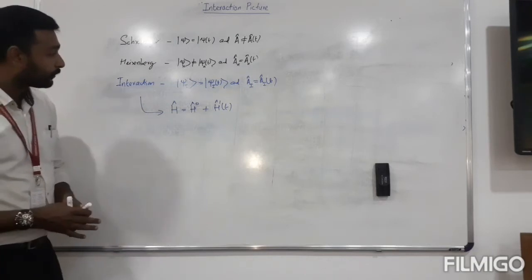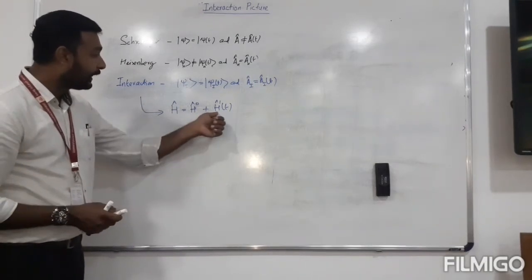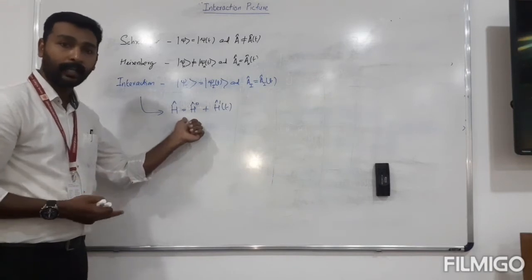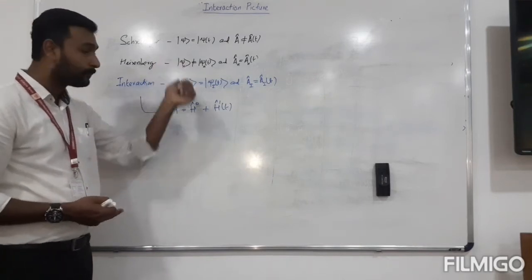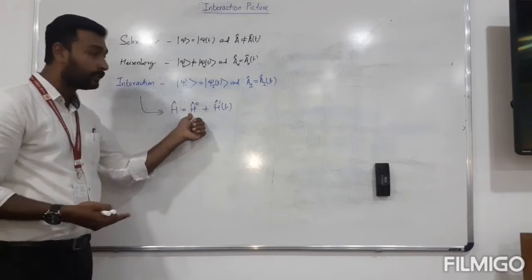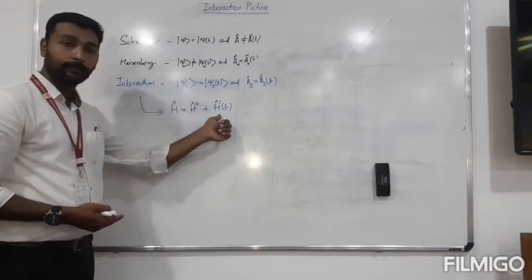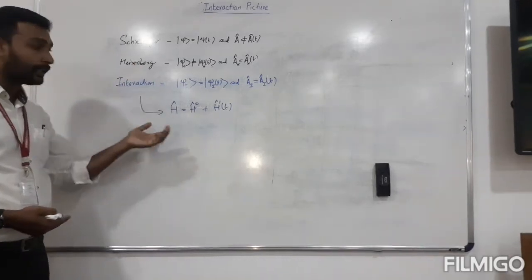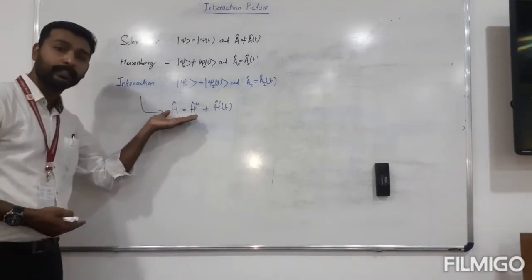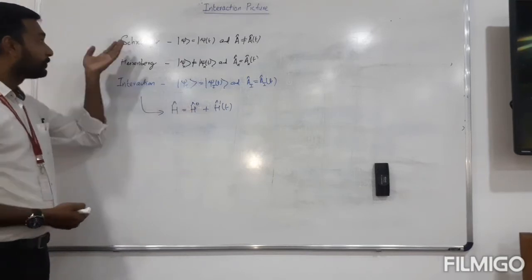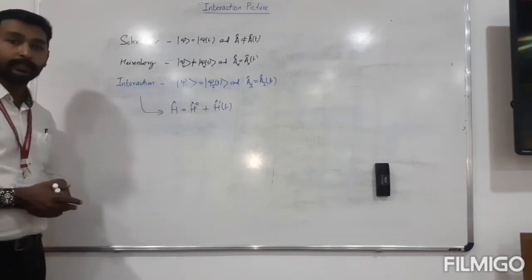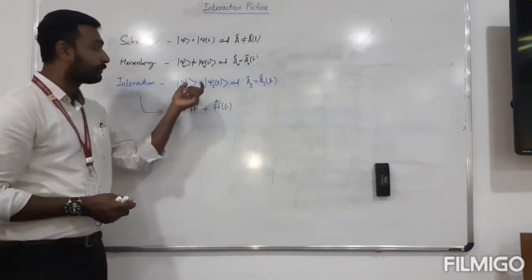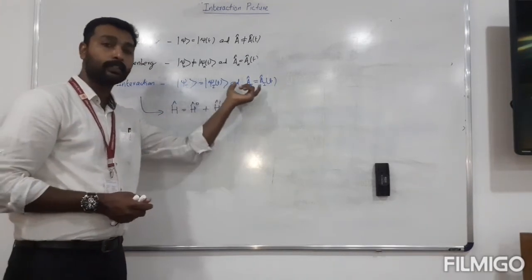If H prime is 0, then the Hamiltonian is completely time independent and that corresponds to the Schrödinger picture. And if H0 is vanishing, then H is only H prime, which is a function of time, and obviously that corresponds to the Heisenberg picture. So therefore the interaction picture, literally we can say, is a combination of both the Schrödinger and Heisenberg pictures.